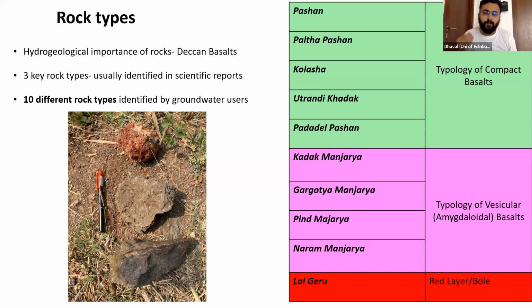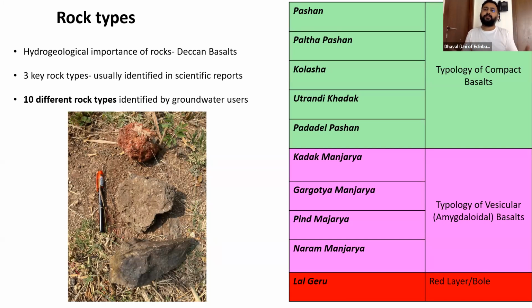For example, a farmer drilling a dug well in Pashan, or compact basalt, knows very well that it is a storage structure more than a structure that can recover thanks to the aquifer. But a farmer drilling in Mansrea, which is the local name for the vesicular basalt, recognizes it as a recovering, continuous resource that is available throughout the year.